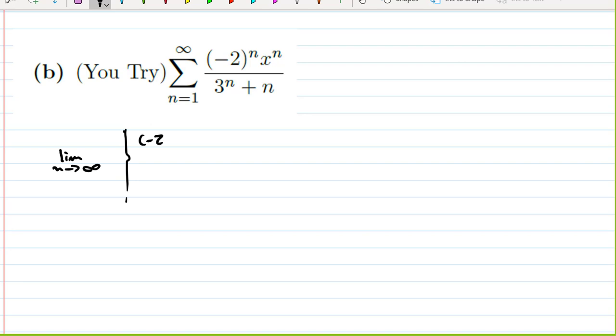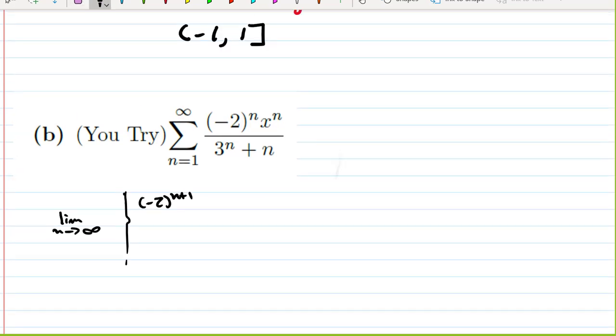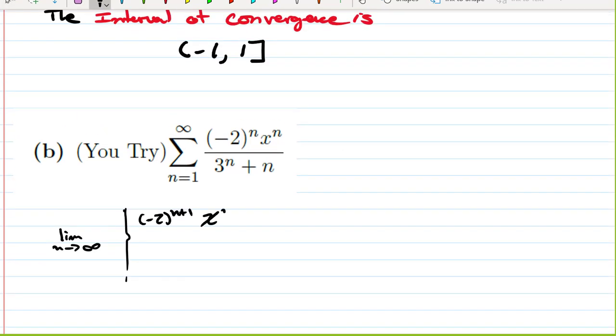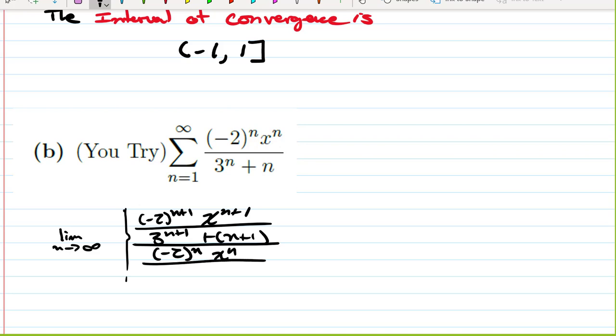So that's going to be negative 2 to the n plus 1 x to the n plus 1, all over 3 to the n plus 1 plus n plus 1, all over negative 2 to the n x to the n, 3 to the n plus n, in absolute value.